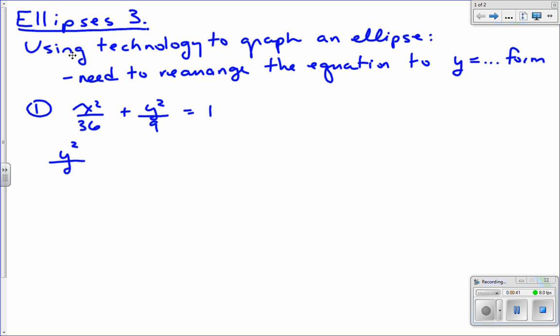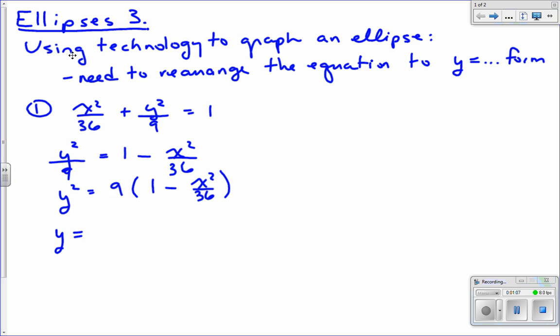So I have y squared over 9 equals 1 minus x squared over 36. And multiply both sides by 9, so that y squared is 9 times 1 minus x squared over 36. Now I could multiply that through if I wanted, but really, why not let the calculator do the work. So now I'm going to take the square root of both sides.